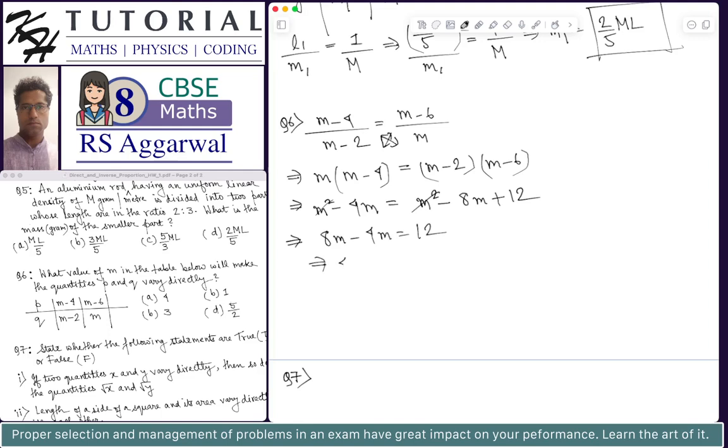This implies 4m is equal to 12. This implies m is equal to 12 by 4, which is equal to 3. So the value of m is 3, and hence the correct choice is B. B is the correct choice. Okay.